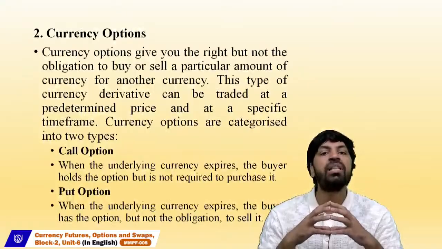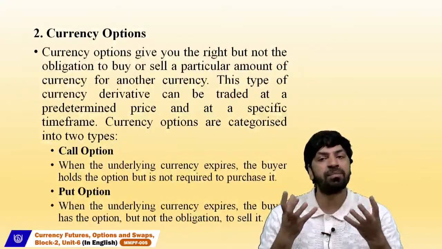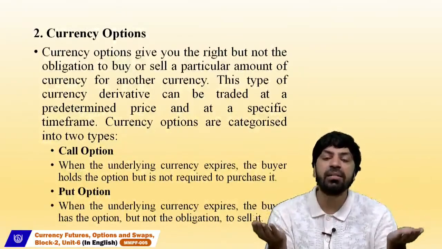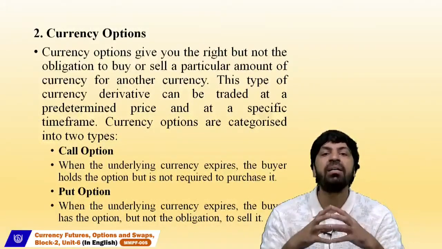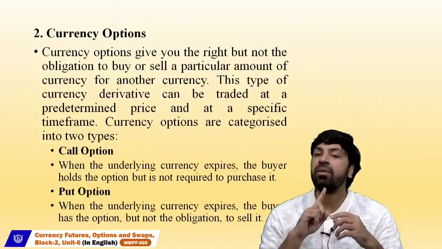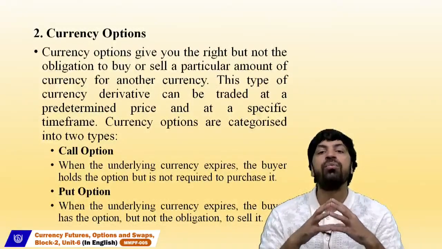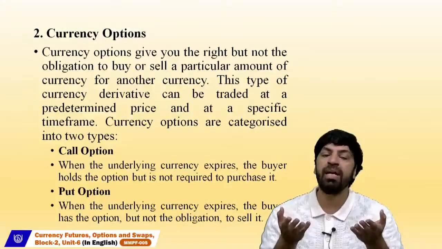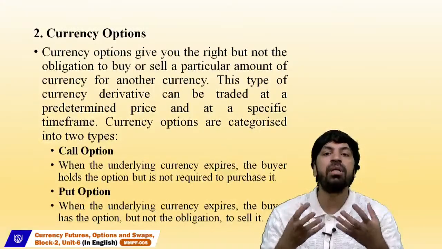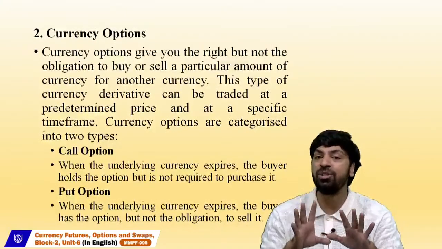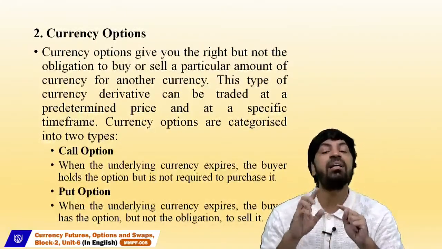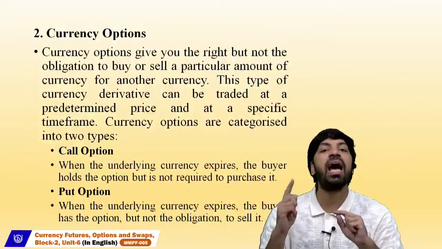Put option: when the underlying currency expires, the buyer has an option but not the obligation to sell it. So when we talk about the put option, the buyer has an option but no obligation to sell that particular currency for another currency.